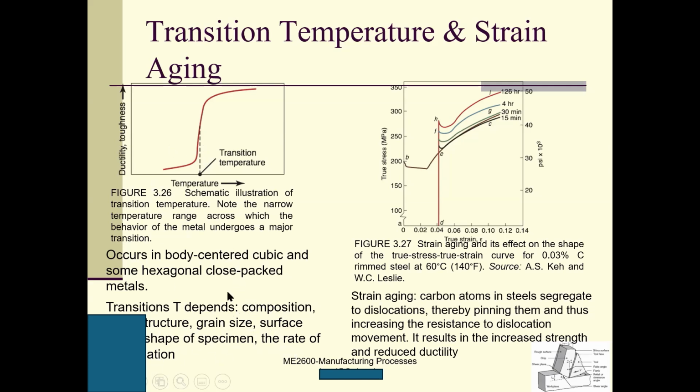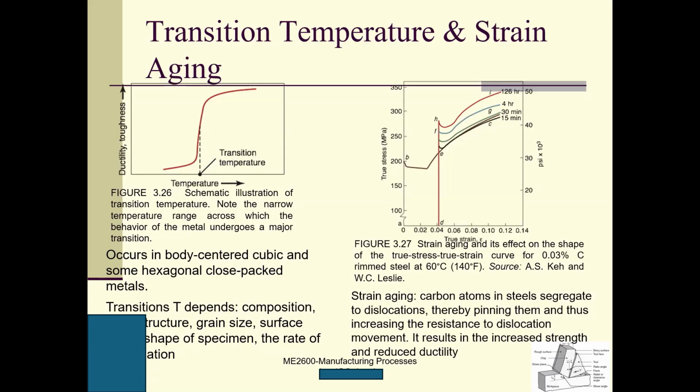So there are a lot of factors that can influence the transition temperature. Now you should know what the transition temperature is. It is the temperature at which the ductility of my material changes substantially from ductile to brittle or vice versa.